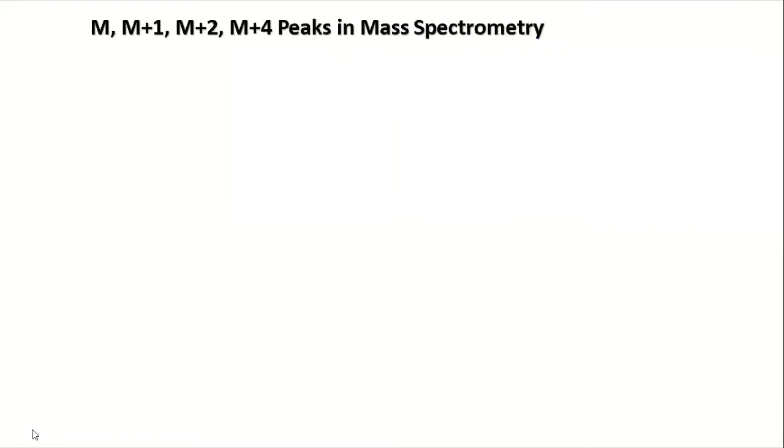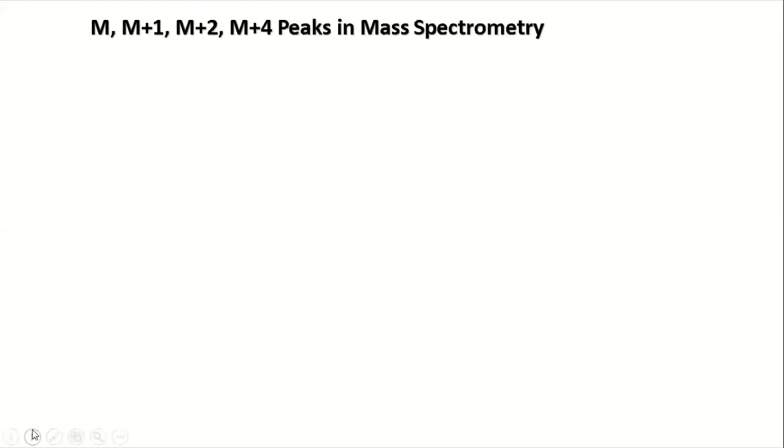In mass spectrometry, what we have seen in the last class is that we find the molecular ion peak, and nearby, one mass unit, two, three or four mass units more, peaks will be surrounding the molecular ion. Sometimes these added peaks, M plus one, plus two, plus three, plus four, may be bigger than the molecular ion peak.